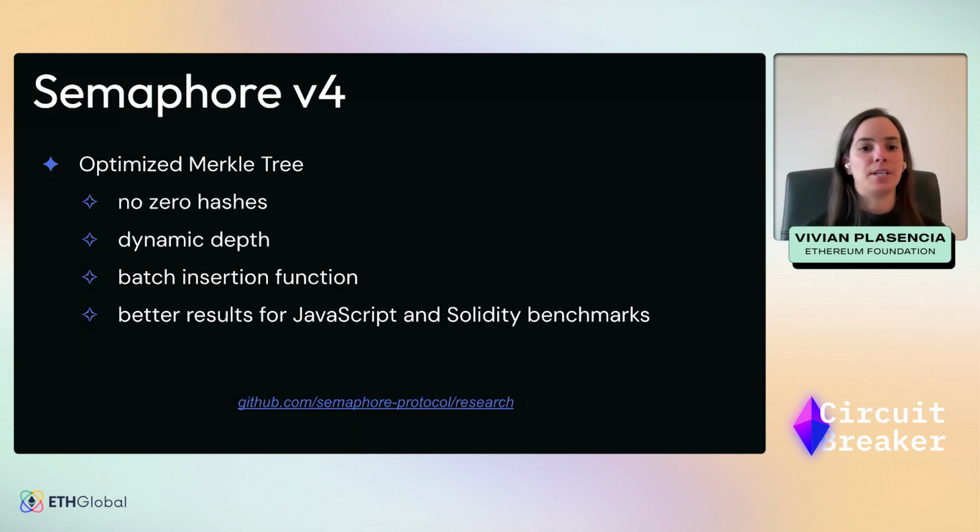It has dynamic depth, also bulk insertion, and better results for JavaScript and Solidity benchmarks. You can read these benchmarks in the repo that I added the link to here, and all the benchmarks are there. You can also run the benchmarks on your computer.